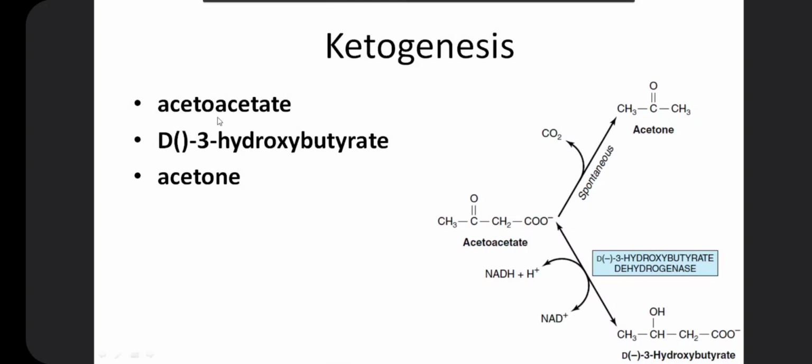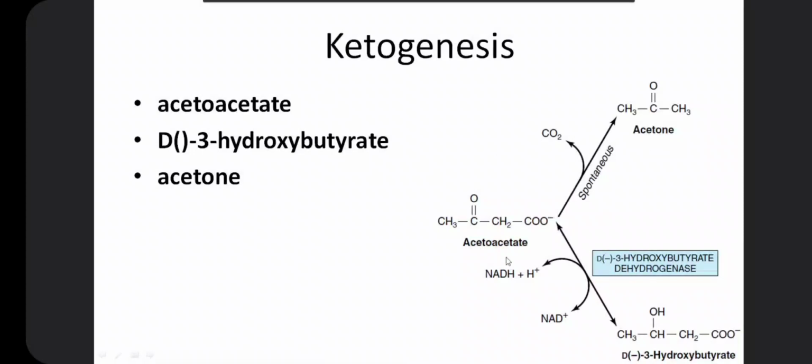The ketone bodies are acetoacetate, 3-hydroxybutyrate, and acetone. If our body generates extra acetyl coenzyme A, the hepatocyte can join acetyl groups together to form acetoacetate, and part of the acetoacetate can be reduced to hydroxybutyrate, and then it can also be converted into acetone.